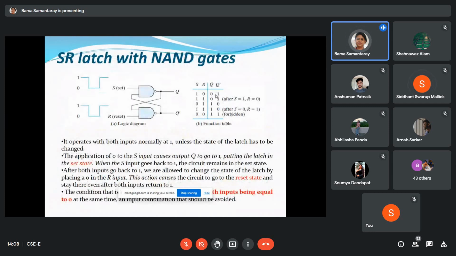Latch and flip-flop, what is the difference? You don't know? Respond whether you know or not. No, ma'am. Okay. So who can say? Soumya, do you know what is the difference between latch and flip-flop?